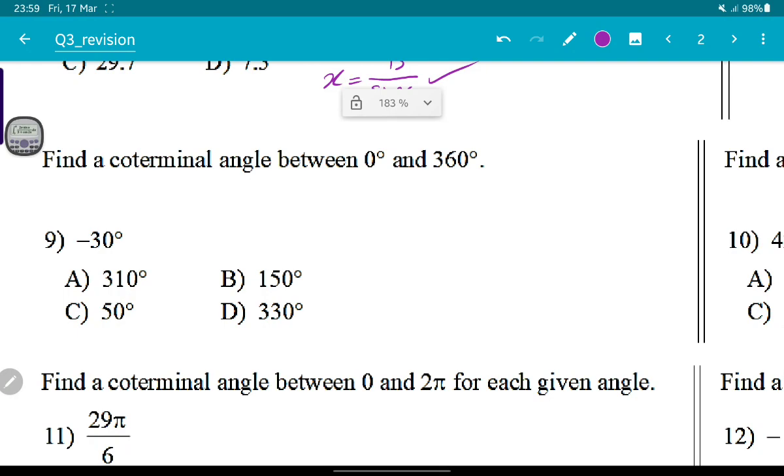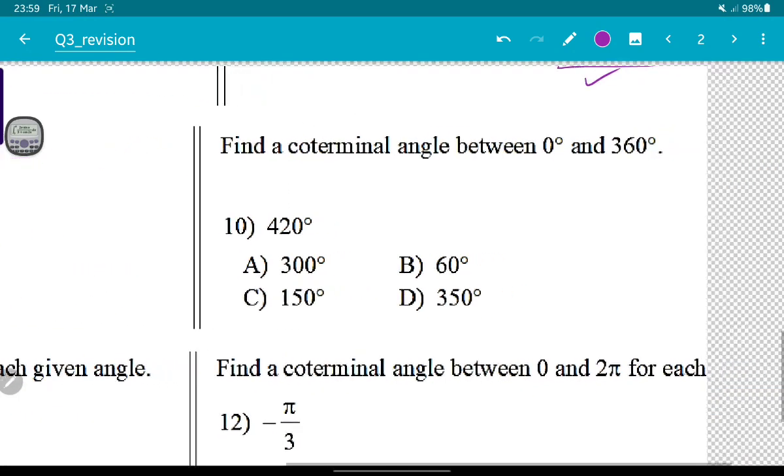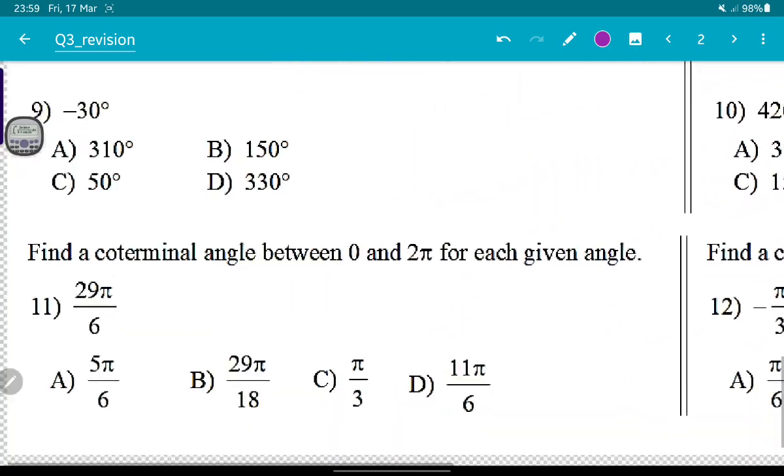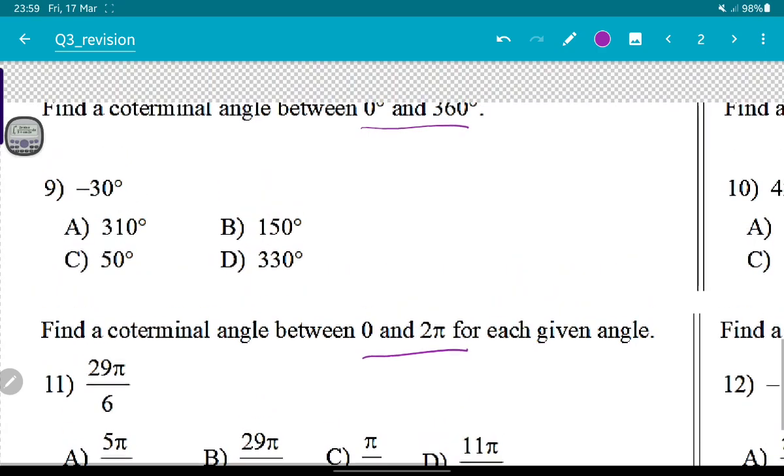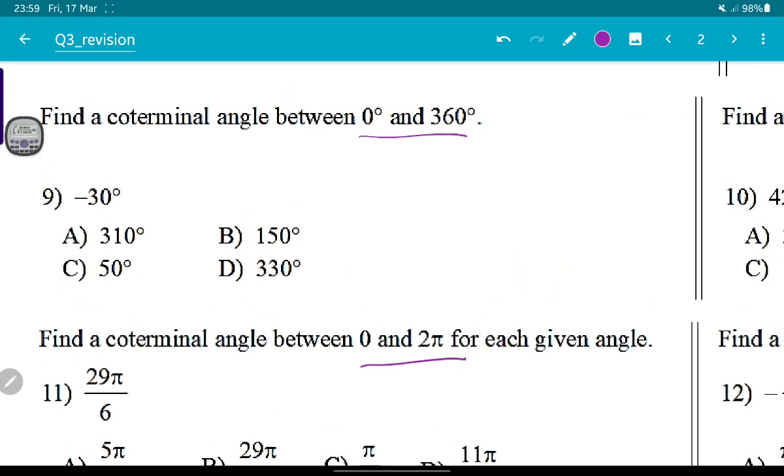Okay, here we have some easy questions about coterminal angles in degrees, or coterminal angles, for example, in radians. So the full circle in degrees is from 0 to 360, and when you add a value higher than 360, you will go back again in this range.